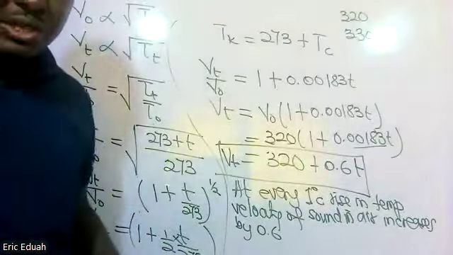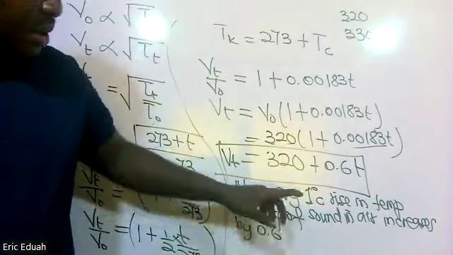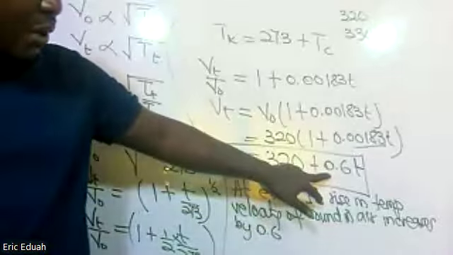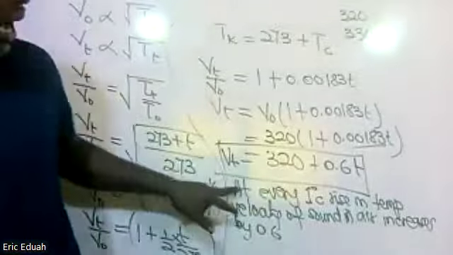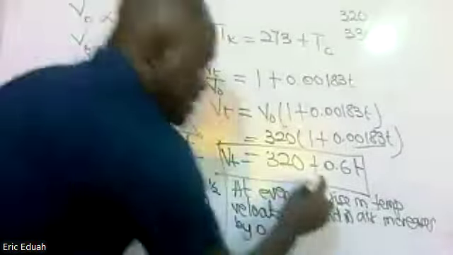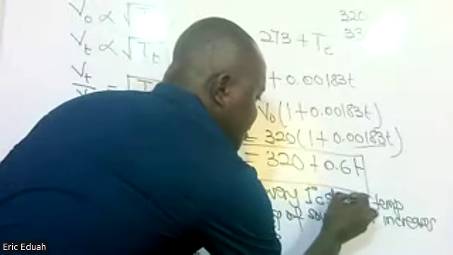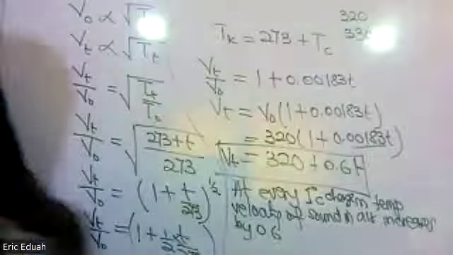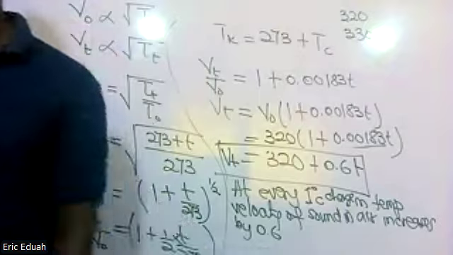At 2 degrees Celsius change in temperature, you have 0.6 times 2 added to this constant value. So at every 1 degree Celsius change, not rise, but change in temperature, velocity of sound in air increases by 0.6.